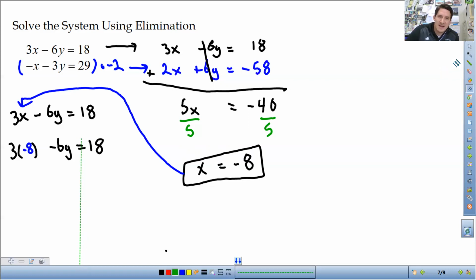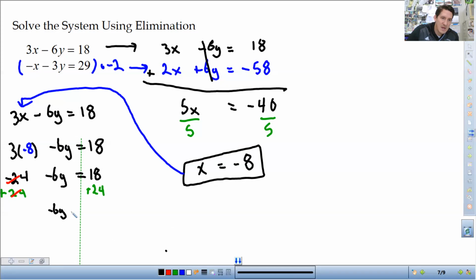3 times negative 8 is negative 24. Minus 6y is equal to 18. Add 24 to both sides. So negative 24, plus 24 cancels out.